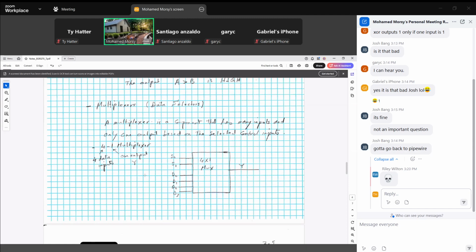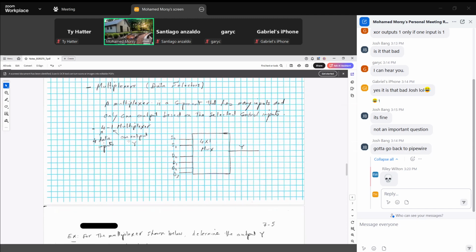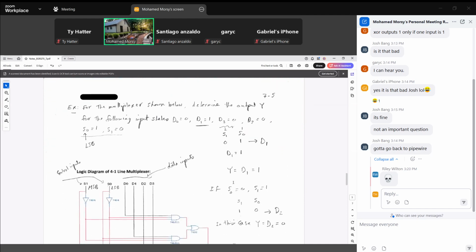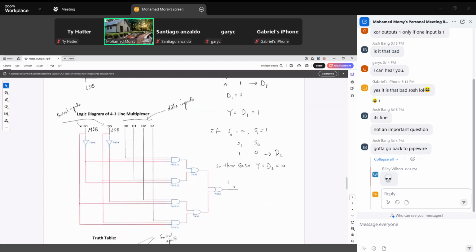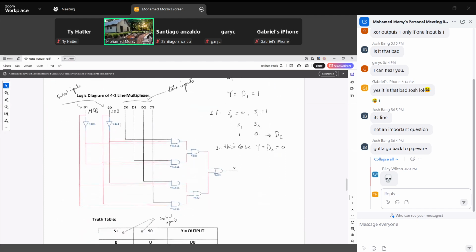This is a 4-to-1 multiplexer, which means we have 4 inputs, D0, D1, D2, D3, and 4 is equal to 2 to the power 2, so we have 2 control inputs, S0 and S1. So this is actually the logic diagram for this multiplexer.